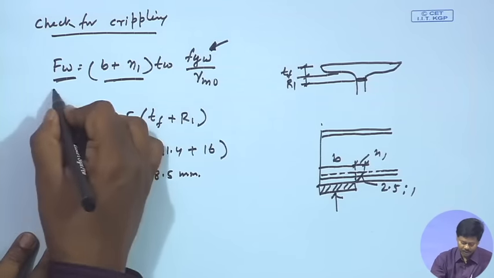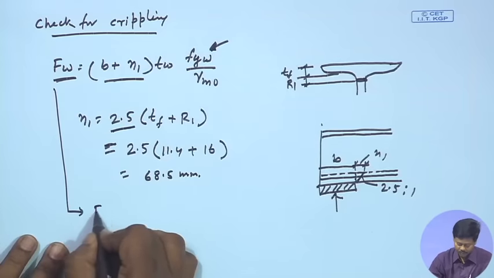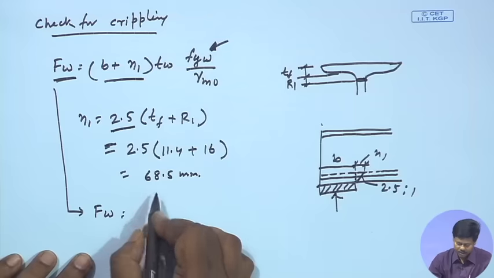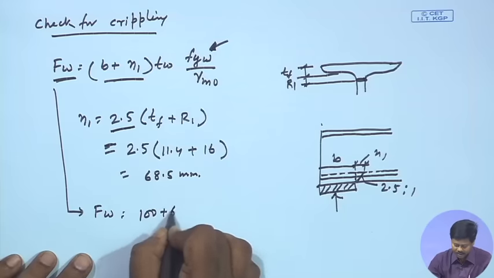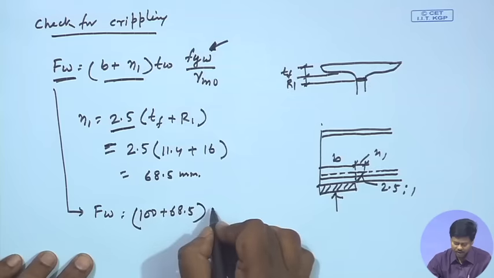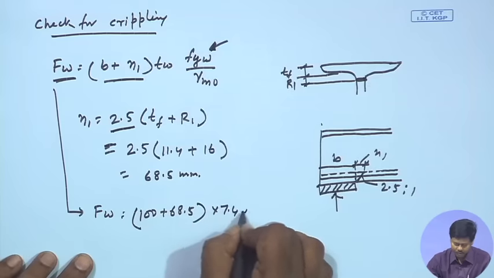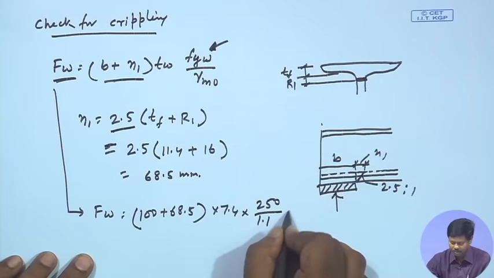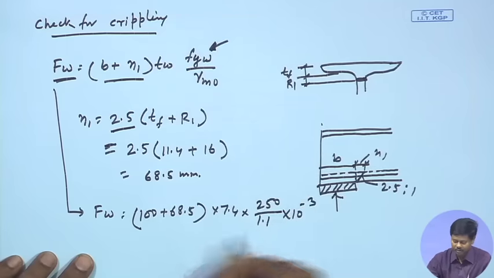So, now we can find out the value of Fw. So, Fw value will become 100 plus 68.5 into thickness of the web, which is 7.4, into Fyw, 250 by gamma m0, and to make it into kilonewton we can multiply with 10 to the power minus 3.